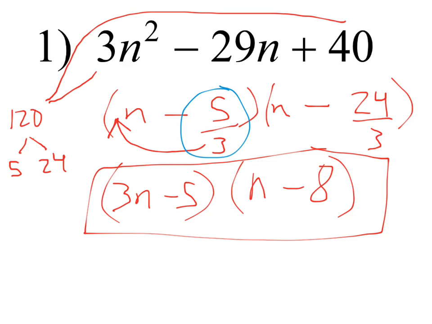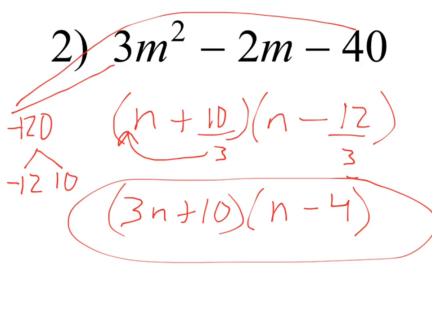Whereas this one, 5 is not divisible by 3, so you take the 3 and you put it in front of the n. And that's where this 3n minus 5 comes from. And this gives you the answer. And if you want, you can try double distributing or foiling through this, but you will get the answer of what you started with. And so this is the factored form of number 1.